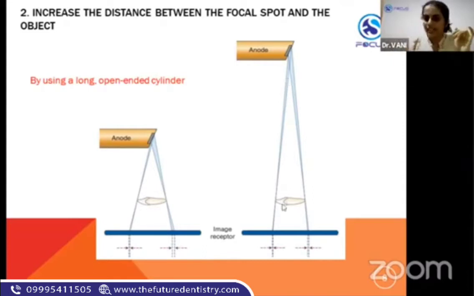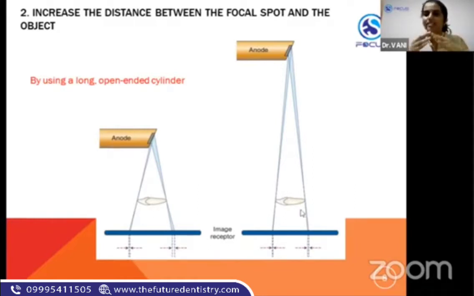When the distance is increased, only the most parallel X-ray beams will come and strike the object, and hence, as you can see in the picture, the zone of unsharpness can be reduced. While in the first picture, the distance is very short, so the X-rays are so divergent, causing an increased zone of blurredness. While here only the most parallel rays will come, and hence the zone of unsharpness can be reduced.